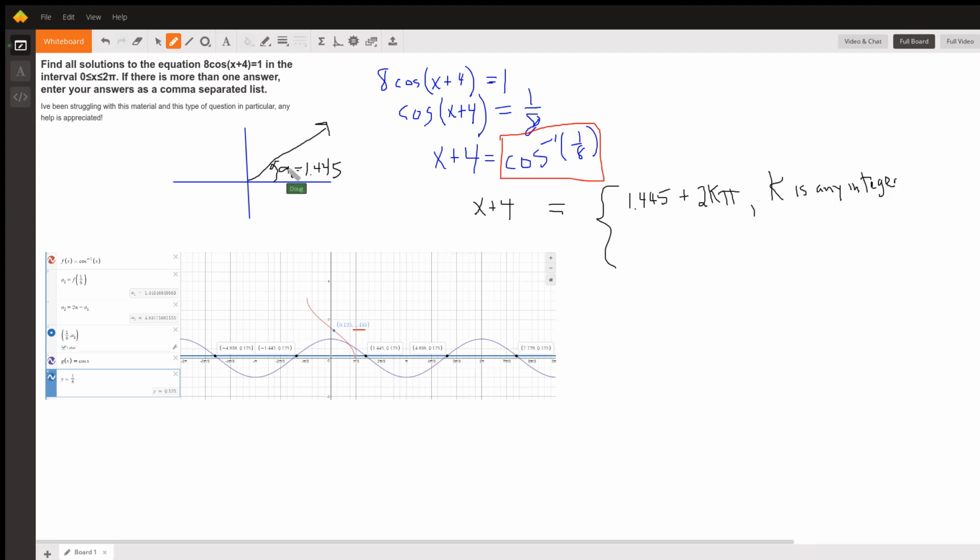But there's another angle that has a terminal side that has a cosine of 1/8, and that's this angle right here.